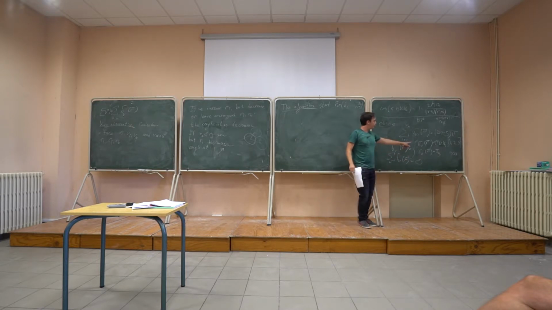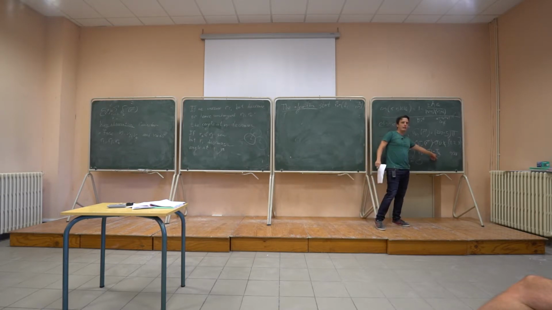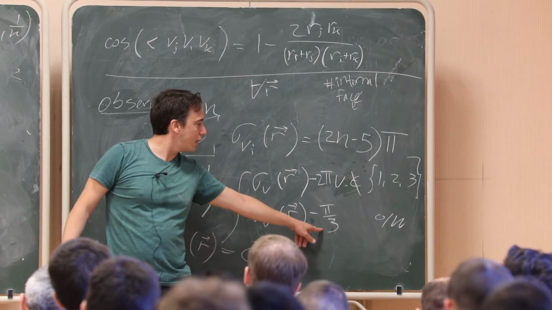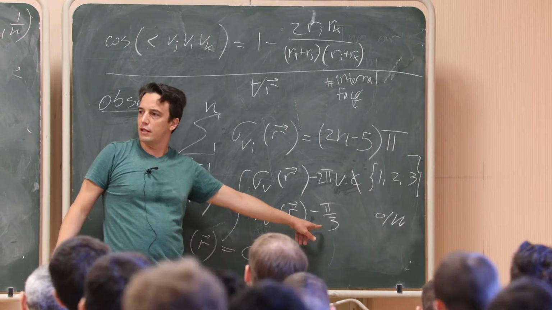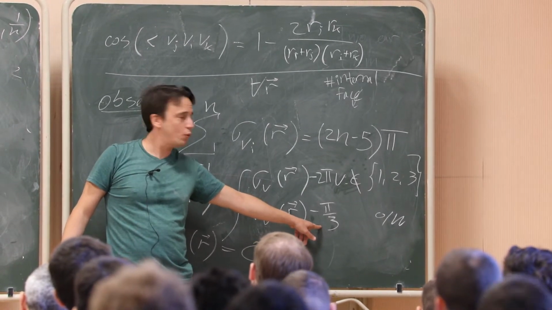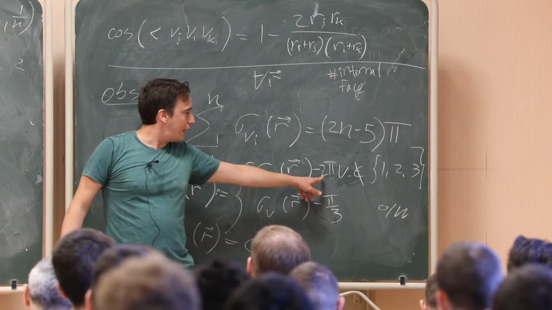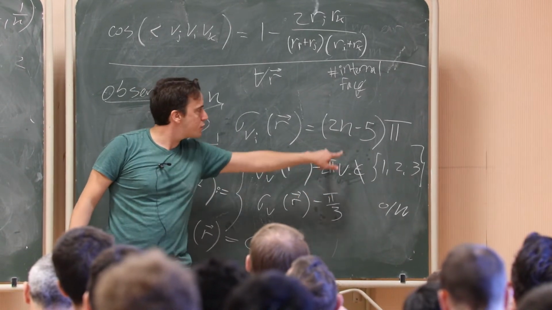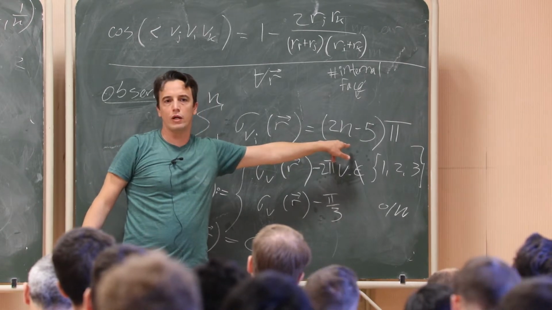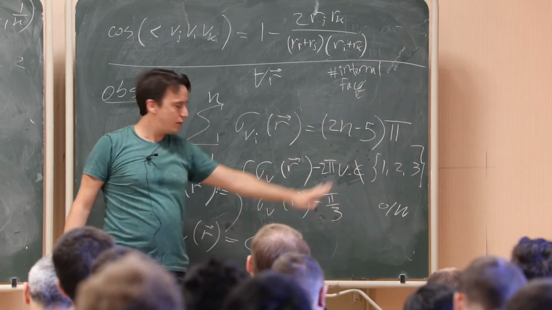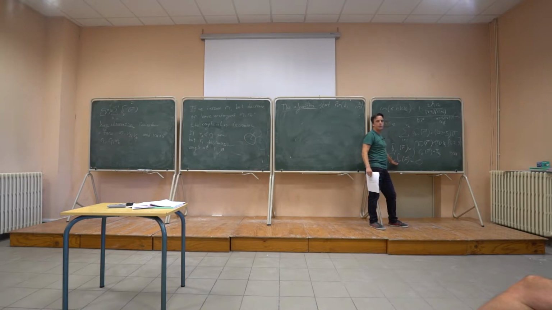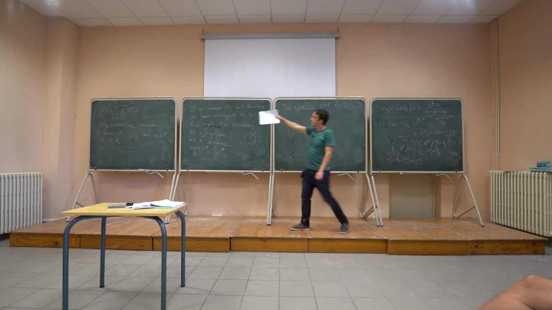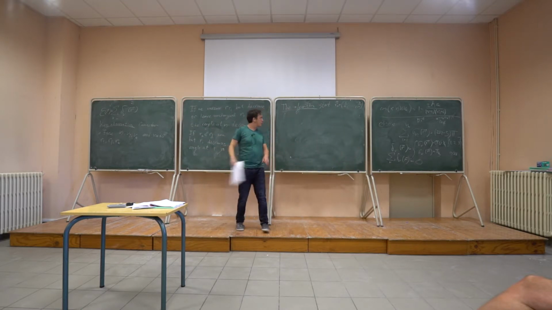I have 3 internal vertices, which give me exactly pi, and then n minus 3 outer vertices that give me minus pi over 3 to each one, and then n minus 3 internal vertices that give me minus 2 pi. So you add these two things, this cancels exactly this 2n minus 5 times pi. So the sum of the vector of defects is always 0, and our goal is to find the radii such that this sum of squares is 0.